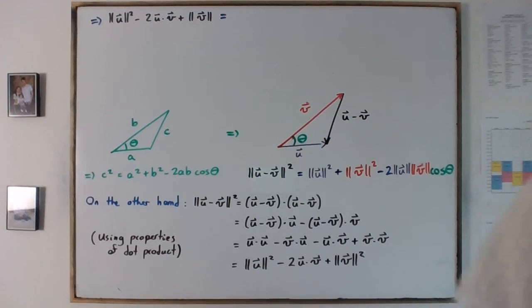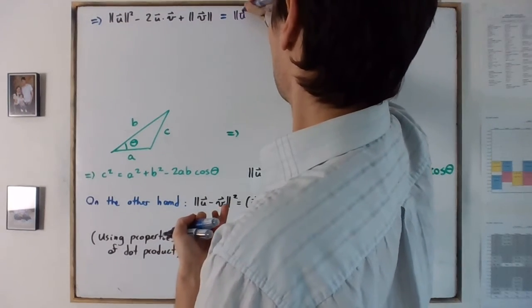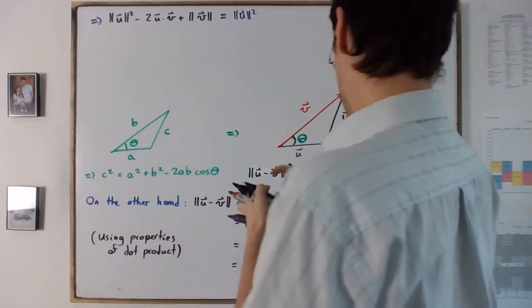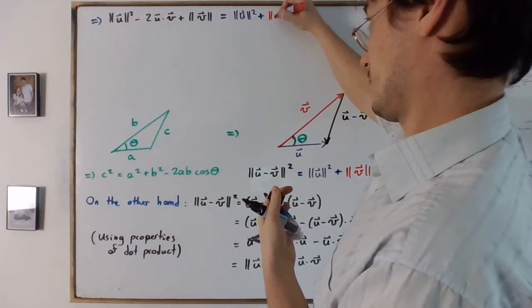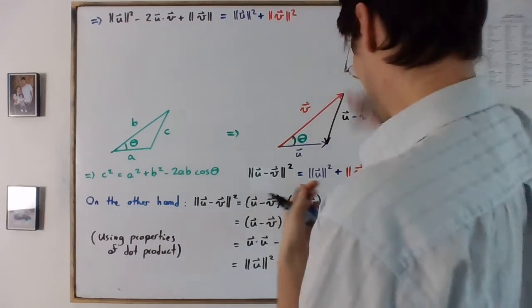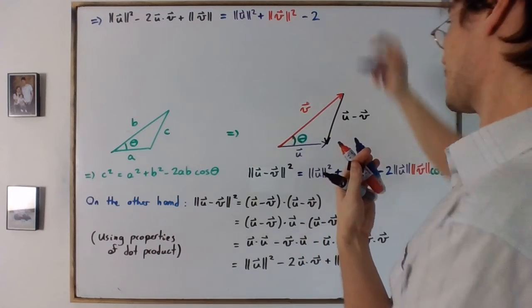Again, we have u squared plus v squared minus 2 uv cosine theta.